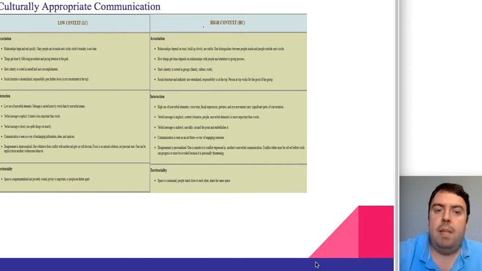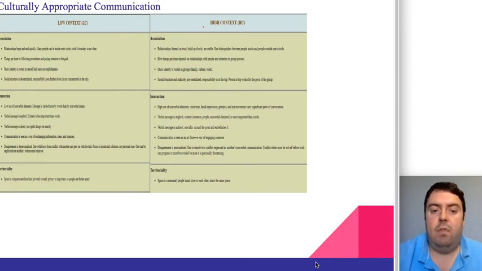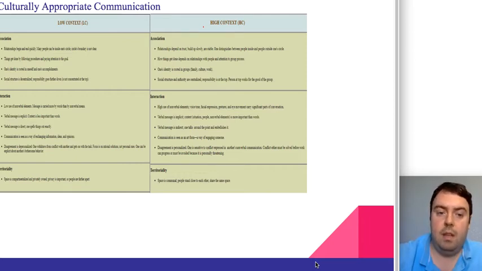Another thing is that many times in high context cultures, the verbal message is not always straightforward. Many times people are very descriptive, very elaborate, and they describe around the point, especially if it's something sensitive, before they actually get to the main topic that they're trying to express. So it's an indirect form of communication.